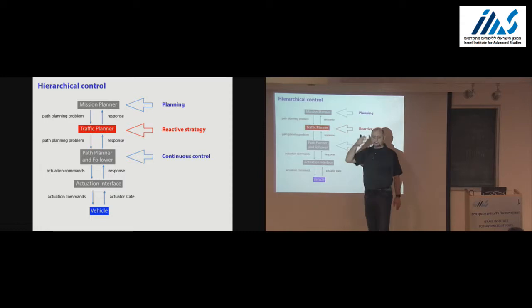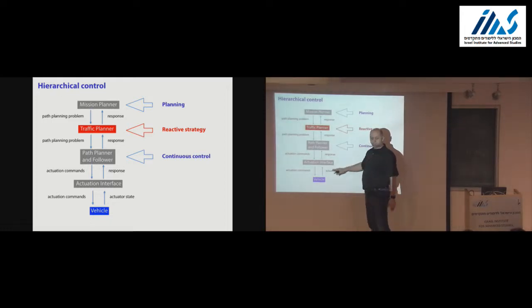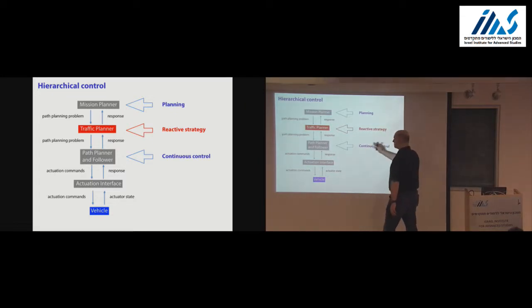So the mission planner says, these are the checkpoints I need to get to, for example, in this order. And below is a continuous control problem. So in this case, you have a path planner and follower. This means that you set target points in 2D space and then monitor as your car drives in two-dimensional continuous space, and you correct for deviations from that path, right?